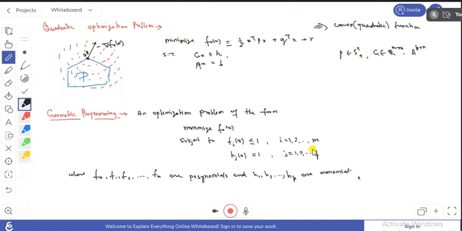So this type of optimization problem is called geometric programming.